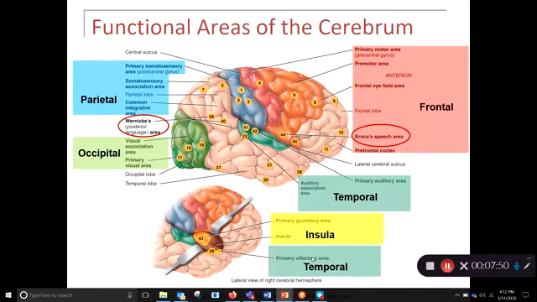Now, two areas that you must remember, I shouldn't say hope, you must remember, are your Broca's speech area and your Wernicke's language area. The Broca's area, you are able to notice where it is located. It is in that premotor area.